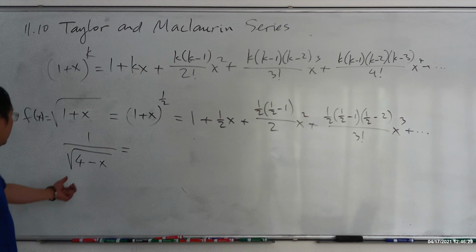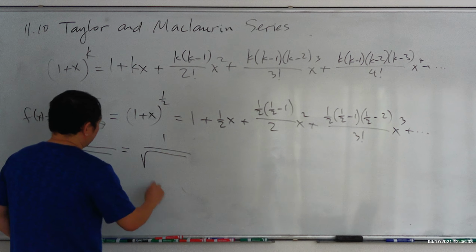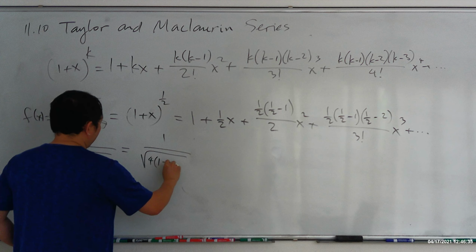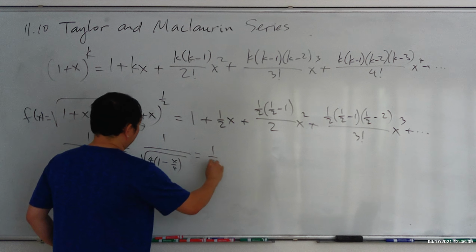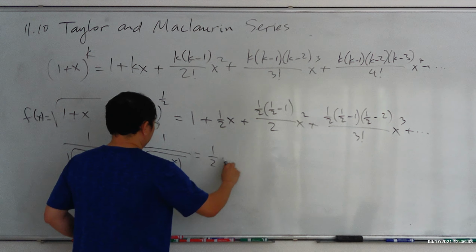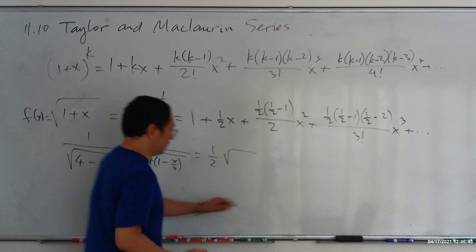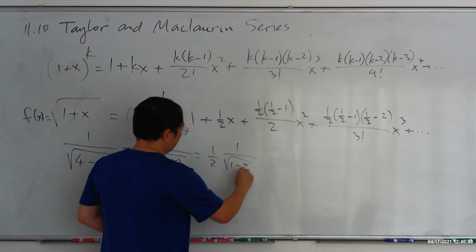Okay? So this is 4. I've got to factor out the 4, so 1 over square root. I factor out the 4, I got 1 minus x over 4. Okay? So this is 1 over 2, because square root of 4 is 2. Of 1 over square root of 1 minus x over 4.